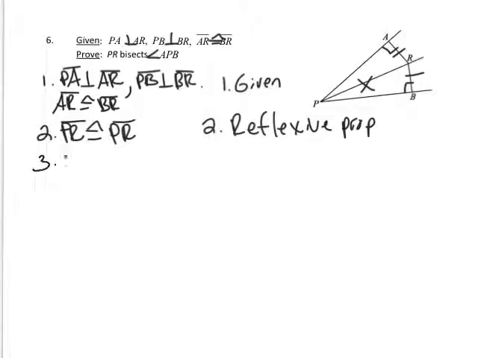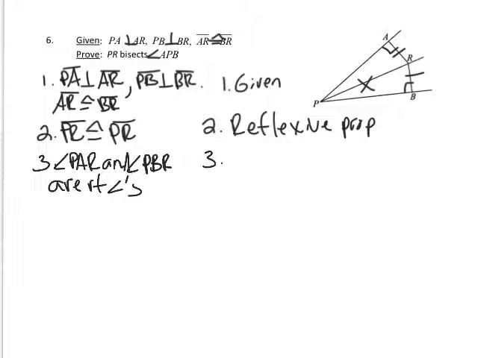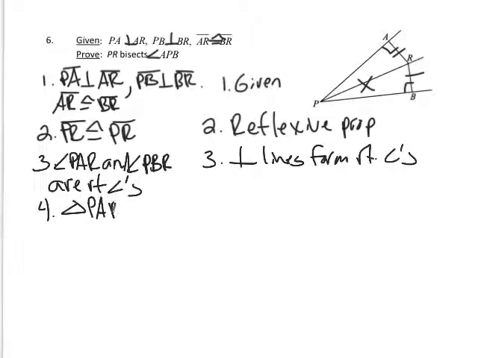You've got to say angle PAR and angle PBR are right angles, because perpendicular lines form right angles. Then instead of saying they're congruent, you've got to say triangle PAR and triangle PBR are right triangles.